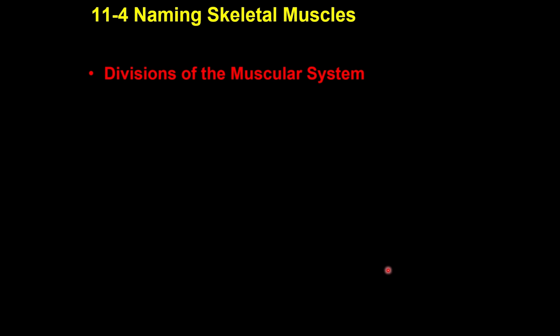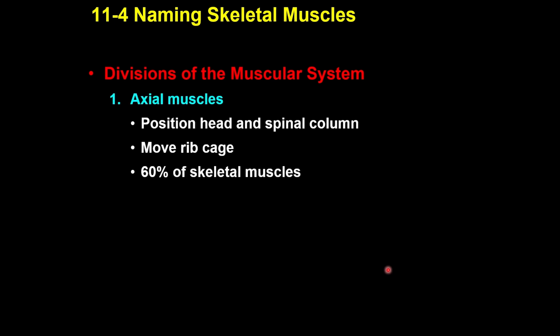And another topic is the division of the muscles. We divide them into axial and appendicular, similar to the skeletal bones; the same idea applies here in the skeletal muscle. The axial muscles are located in the head area, so the face, the rest of the skull, the neck, the thoracic cavity, abdomen, pelvis, and the back.